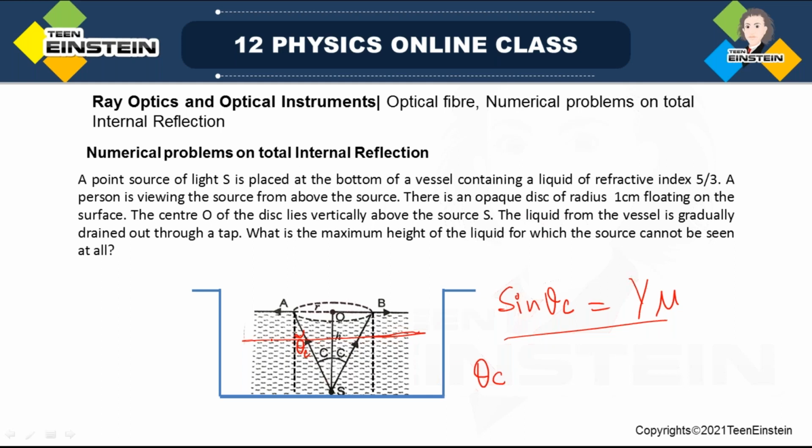The question: there is an opaque disc of radius 1 centimeter floating on the surface. The center of the disc is exactly vertically above the source. Now the liquid is being drained so that you can see the light source, but in this particular situation, at the critical angle, your source will be exactly below the disk.